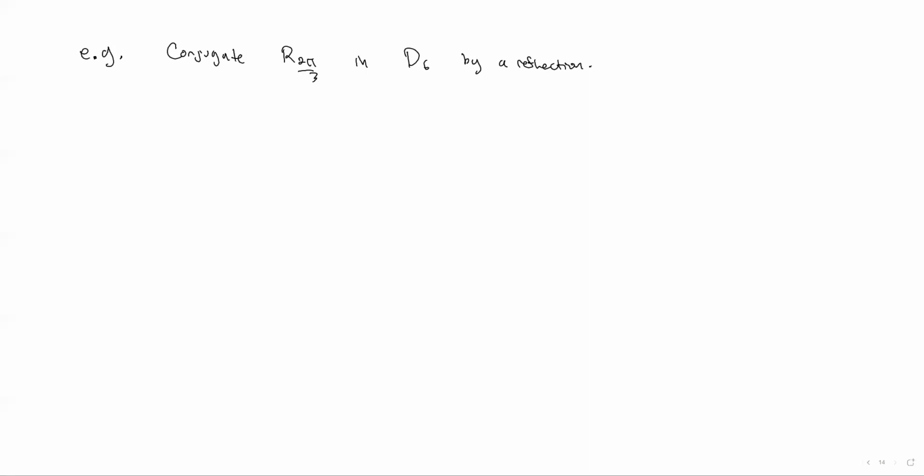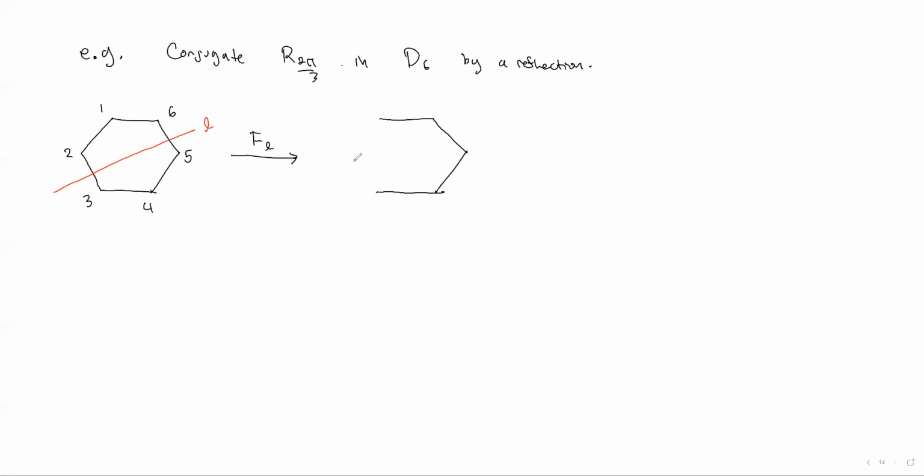So let's do that. Let's start with D6, and let's conjugate by, let's say, this reflection. Then we get this.